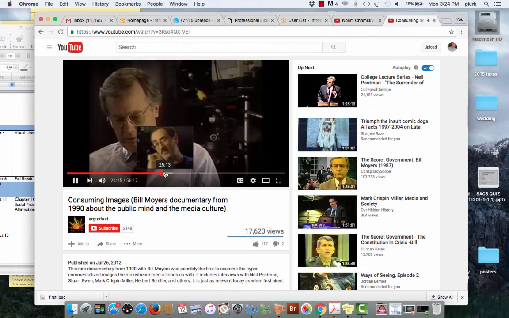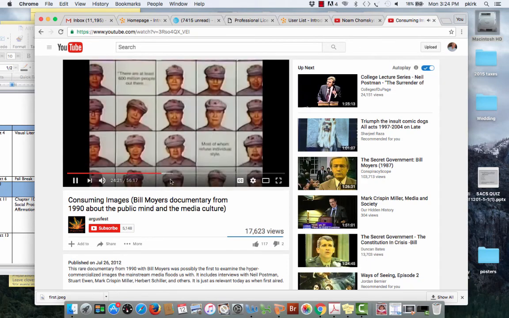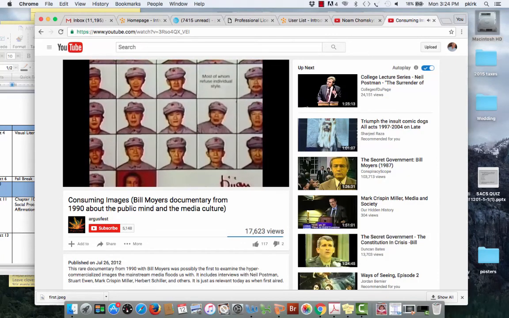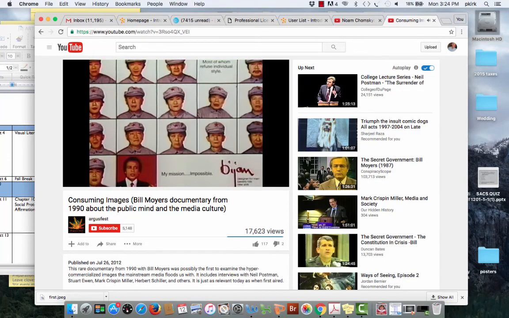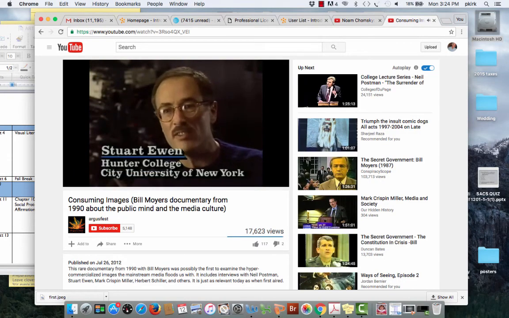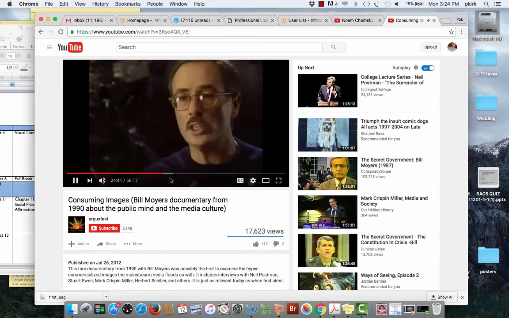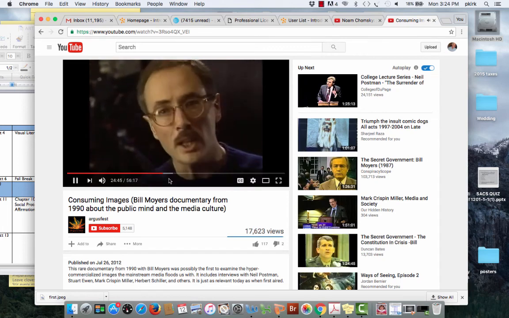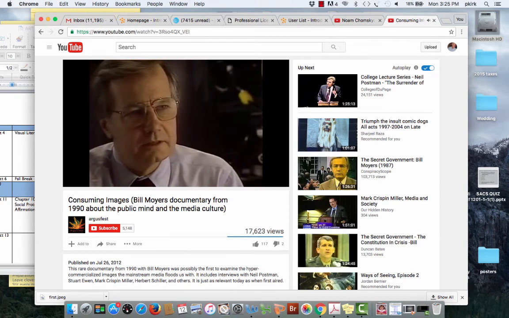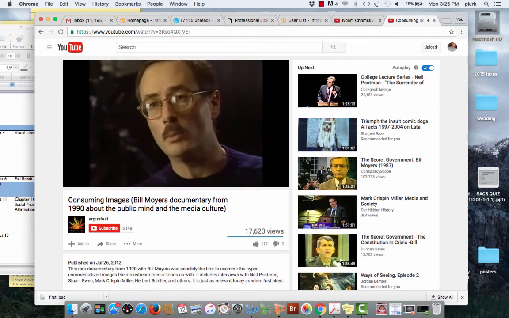Stuart Ewan's last point here that we're going to look at is about this idea of democracy of images. And so he's saying that, again, much like what Noam Chomsky is saying, as government gets bigger, as corporations get bigger, the way that a lot of us are able to exercise our thinking in the world is through the consumption of goods. And of course, we're persuaded to buy those goods through advertising.